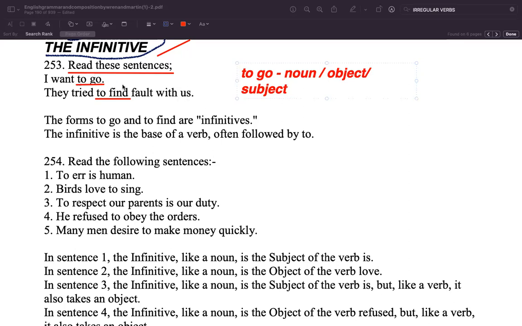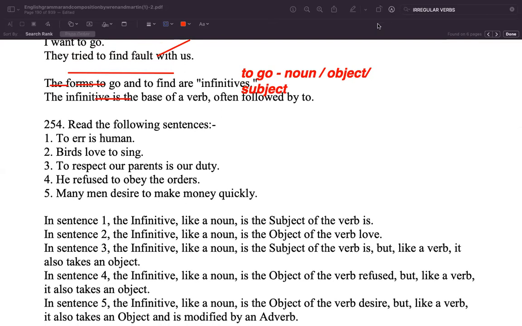So if you say, I want to go, to go is the object of the verb want. Similarly, if you say they tried to find fault with us, to find is the object of tried, and fault with us is the object of to find. So the infinitive can be used as a noun in the sentence.